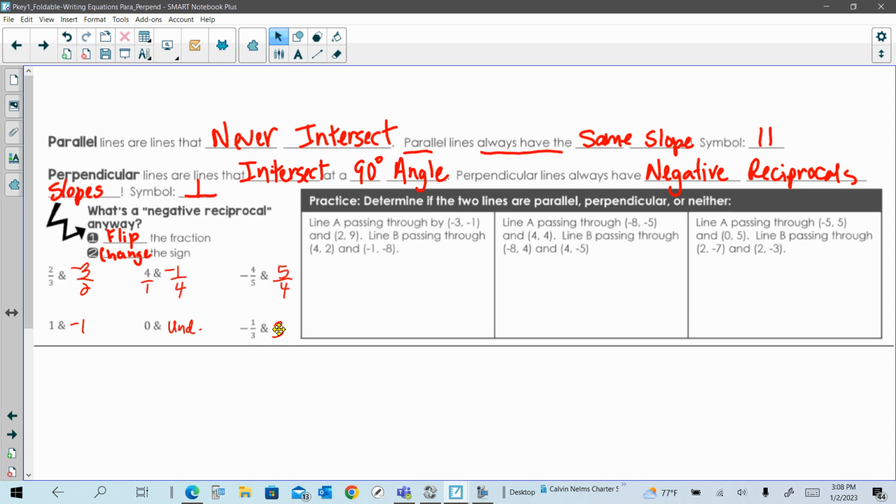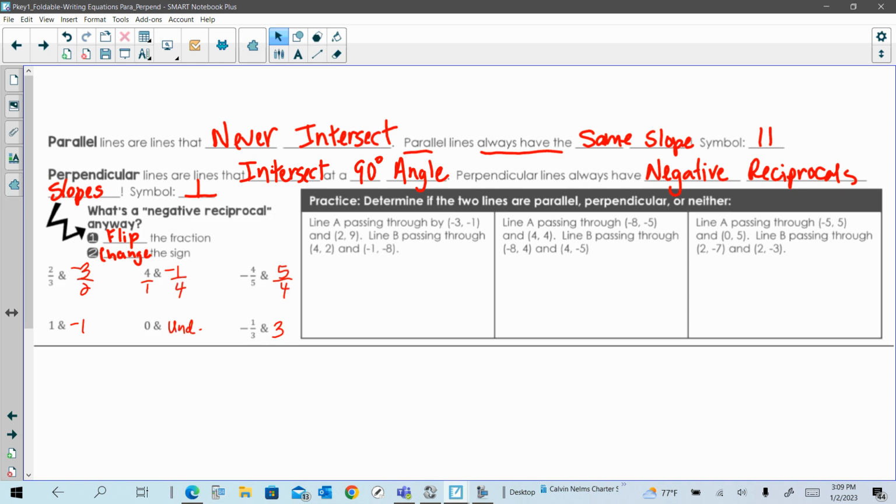Pretty much what we ended with before the break was looking at and comparing the slopes. Hopefully we can recognize whether lines are going to be parallel, perpendicular, or neither just by calculating the slopes.